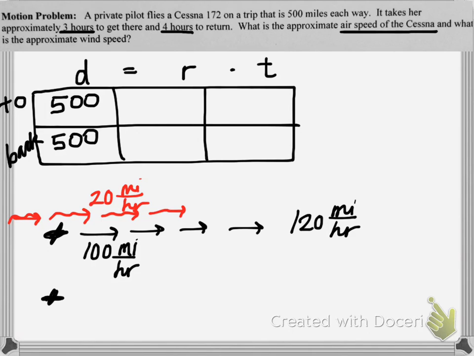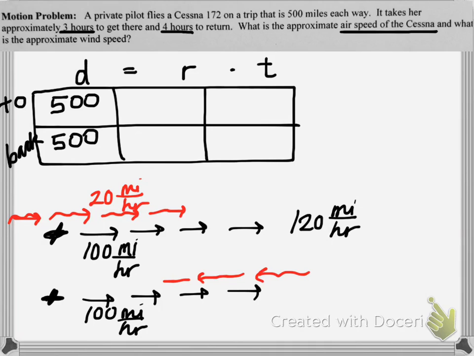Whereas in the reverse situation, if my plane is traveling 100 miles an hour, but this time I have a headwind, so I'm working against the wind, it's going to be slowing me down. So I will not be able to really travel the 100 miles an hour. Then in this scenario, I would be traveling 80 miles an hour. So you can see that we take the plane's speed and we add the wind speed if we're moving faster, and we subtract the wind speed if we're moving slower.